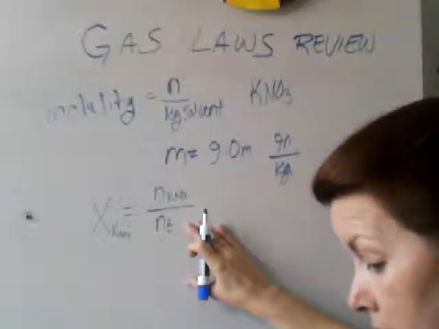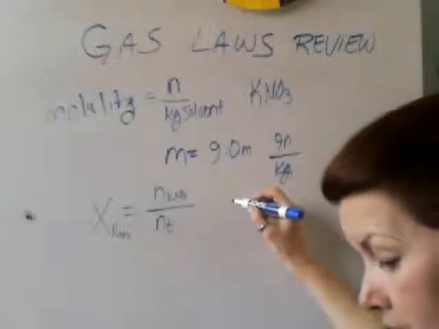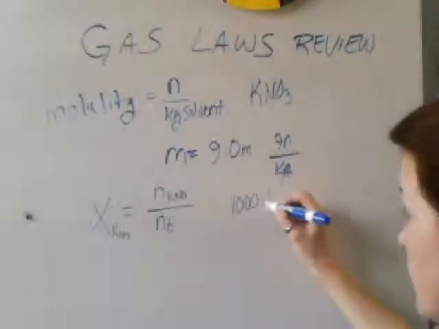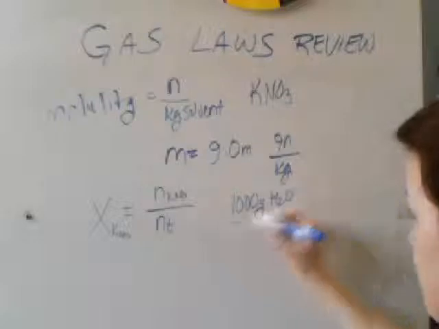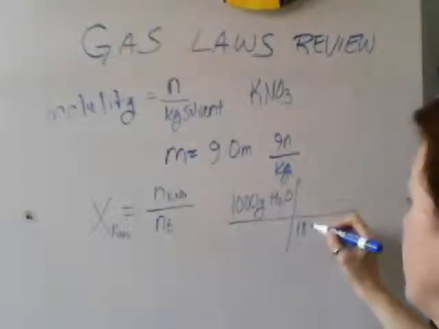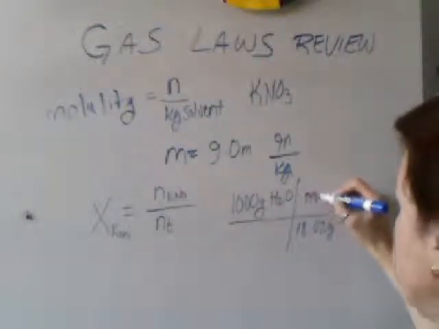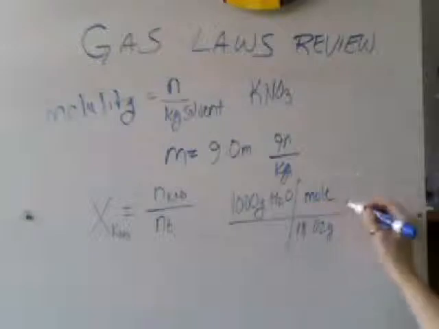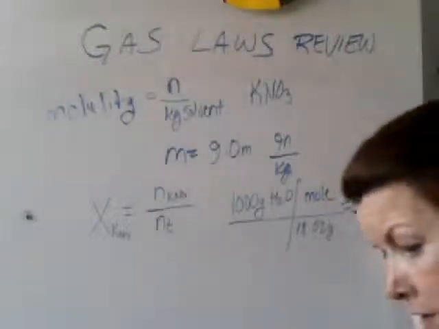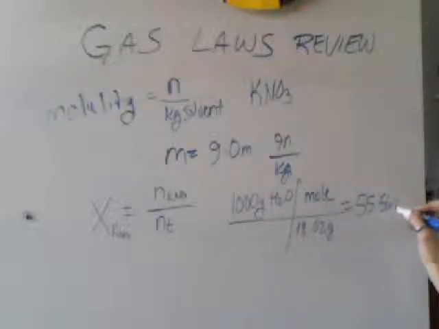So we need to calculate the number of moles in a kilogram of water. 1 kilogram of water is 1,000 grams of water. We know the molar mass of water is 18.02 grams per mole, and so we can convert that, and we know that we have 55.56 moles of water.